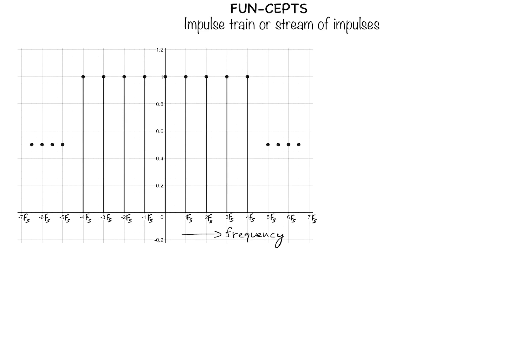Instead of time, we can have frequency as the independent variable, in which case we denote each of these impulses as delta of f, delta of f minus fs, delta of f minus 2 fs, and so on. Similarly, on the left side it will be delta of f plus fs, delta of f plus 2 fs, and so on.